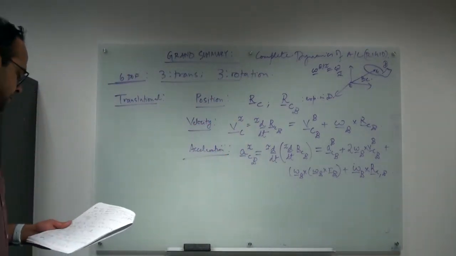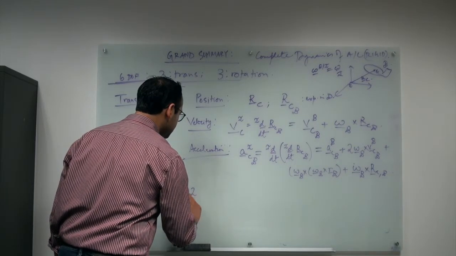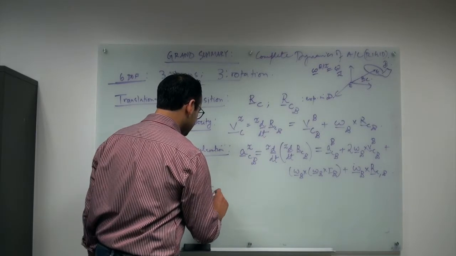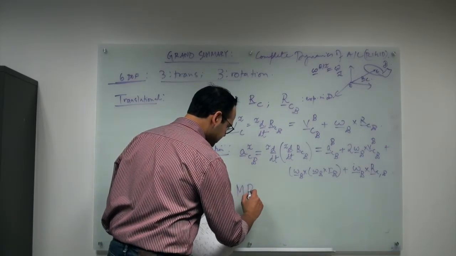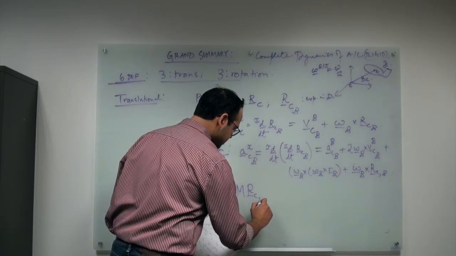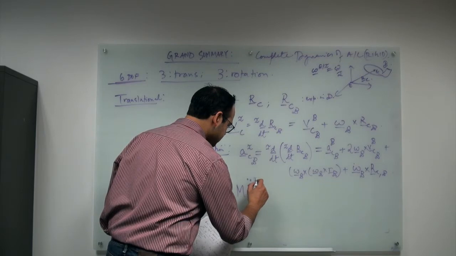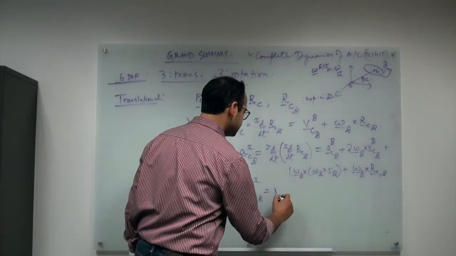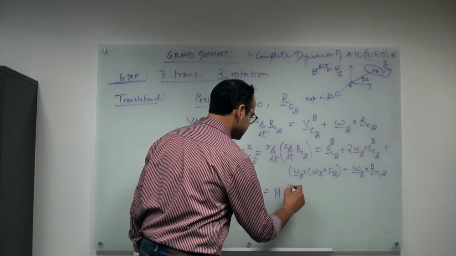Okay. And then finally, the kinetic equation comes from Newtonian mechanics. Is that force equals mass times acceleration. So I'll express this in the B frame. Acceleration, which is that.